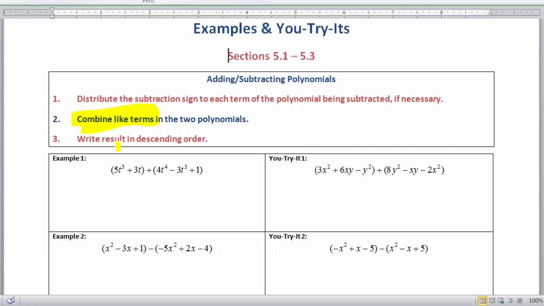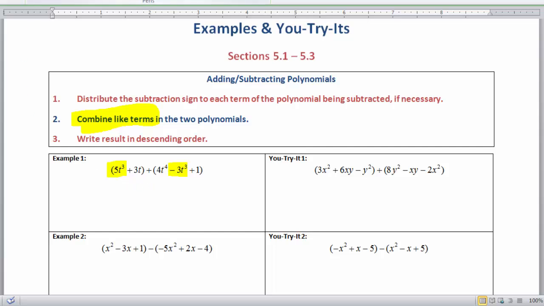So in this instance, I would combine the 5t cubed and the negative 3t cubed, and that's it. Right? In this case, that's the only things that are going to combine, because none of the other ones are like terms. So I would just combine the 5t cubed minus 3t cubed. I get 2t cubed, right? And then everything else is just going to come down.